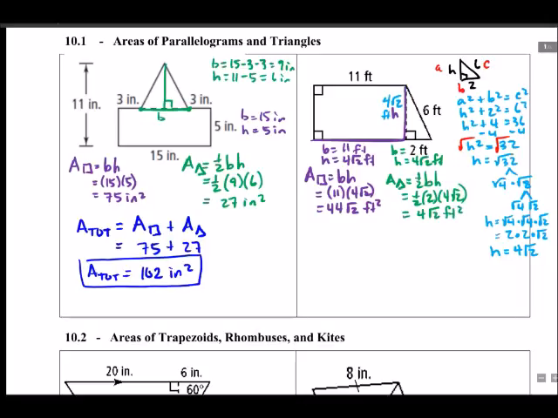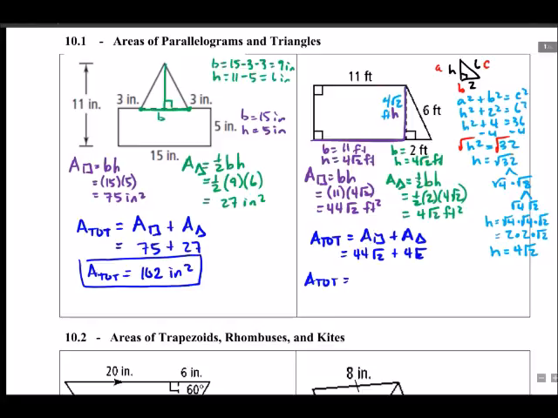And then we want to find our area total of this figure, which is the area of our rectangle plus the area of our triangle, and that equals 44 square root 2 plus 4 square root 2. So our total area, these add up just like if the square root 2 was an x.